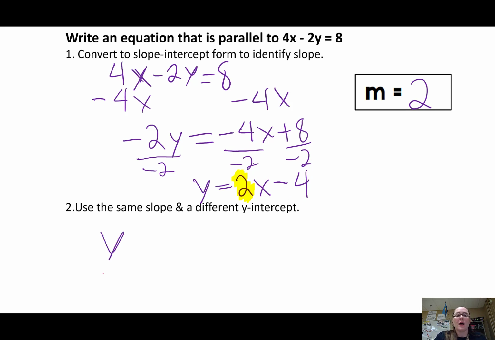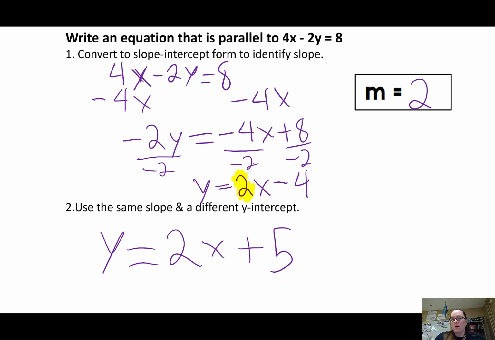So we're going to get y equals 2x, and let's say plus 5 for our y-intercept. This question is just asking us to write a line that is parallel, so it doesn't give us any other information that we have to use. As long as I have a slope of 2 and a different y-intercept, we're good.